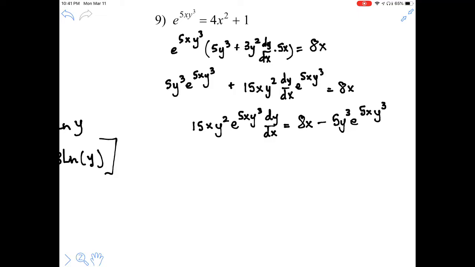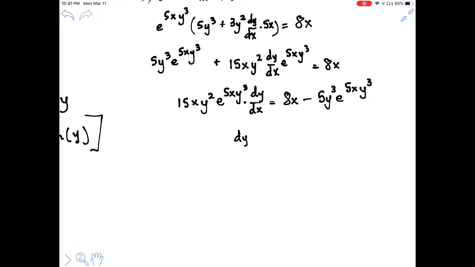And then, since that's multiplying there, I just need to divide by that term. So the dy dx, this right there becomes the numerator, and that there becomes the denominator.